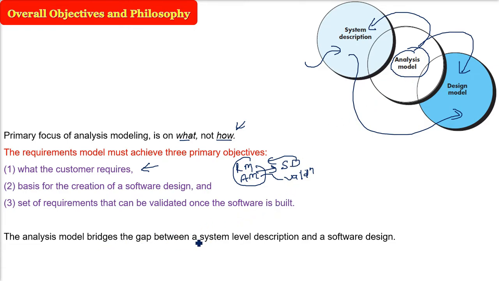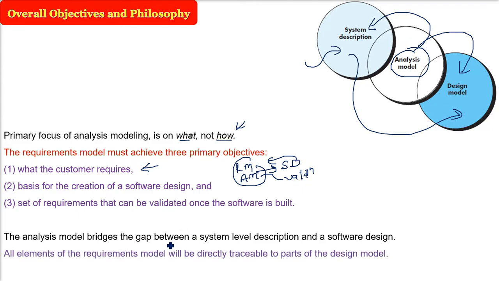No, you have to make a certain analysis model. So this is the bridging of the gap. All the elements of the requirement model shall be directly traceable to the parts of the design model. That is, the requirement model is the basis of the design model. Design can only come when you have a proper analysis model of the requirements which you gathered in requirement engineering.